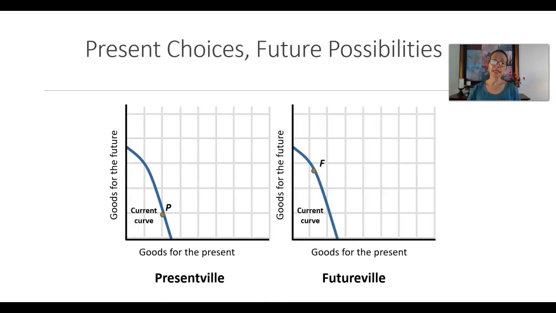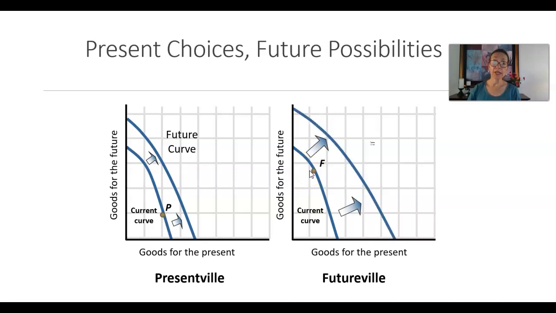And what we find is that those societies that allocate their resources more towards, in the case of Presentville, goods for the present, may experience growth. But when you compare it to those societies that allocate their resources on goods for the future, that growth level is going to be significantly higher.